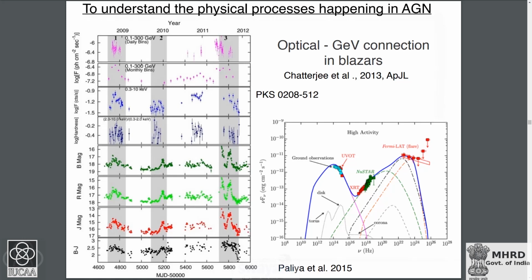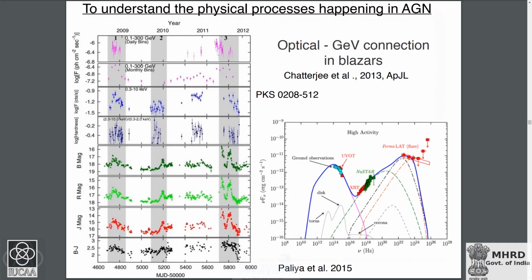The reason which can explain the observation seen here is that there can be some enhancement in the magnetic field of the source. Because as we know, synchrotron power is proportional to E square B square, and therefore, any enhancement in the magnetic field can give rise to increased synchrotron emission.